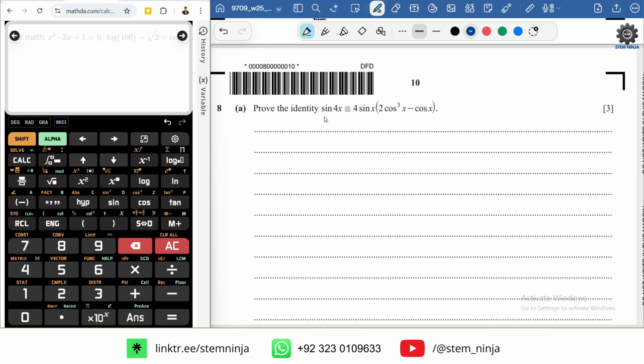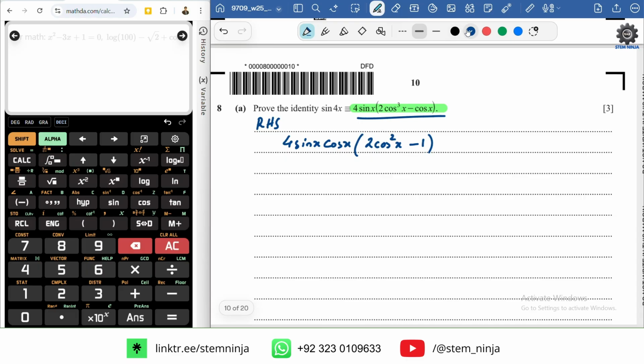To prove the identity, sine 4x equals 4 sine x times (2 cos cubed x minus cos x). Alright, let's start with the right hand side. When you have 4 sine x, you can factorize out cos x over here. This would become cos x times (2 cos squared x minus 1).